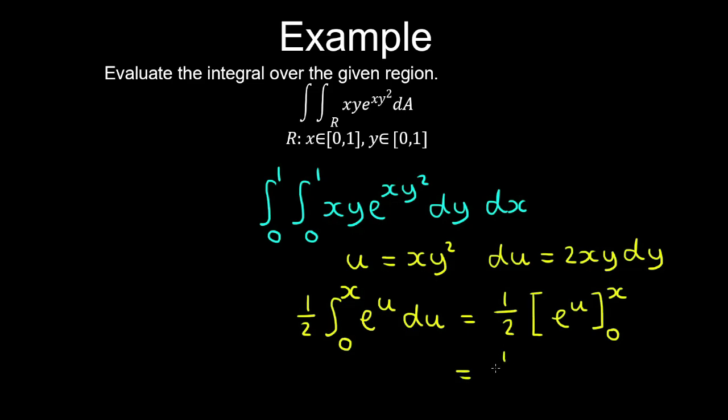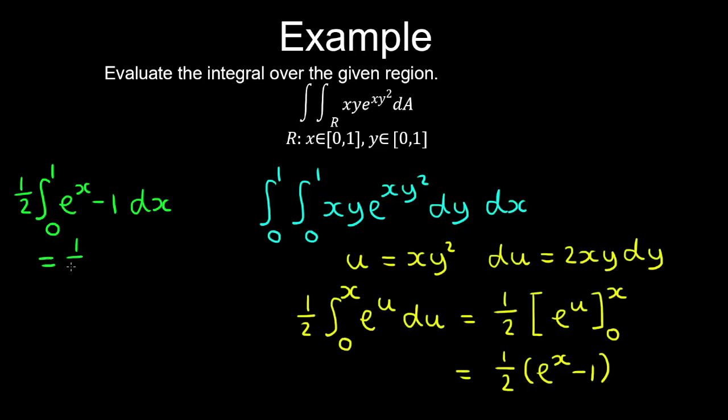So that gives 1/2 by e to the x minus e to the 0, which is 1. So we evaluated the inner integral, and now we integrate the result, being 1/2 by the integral of e to the x minus 1 with respect to x from x equals 0 to x equals 1.